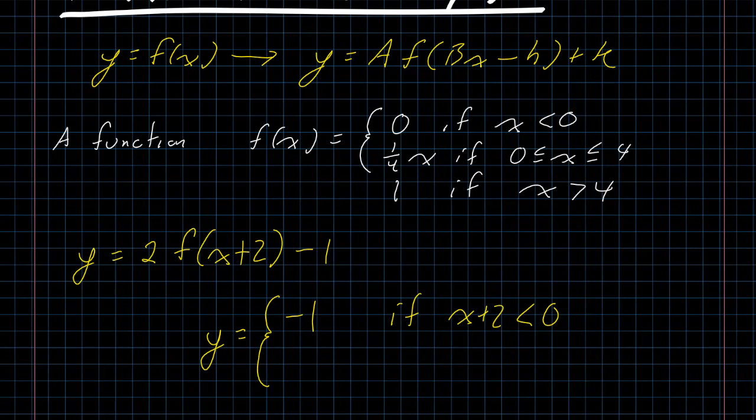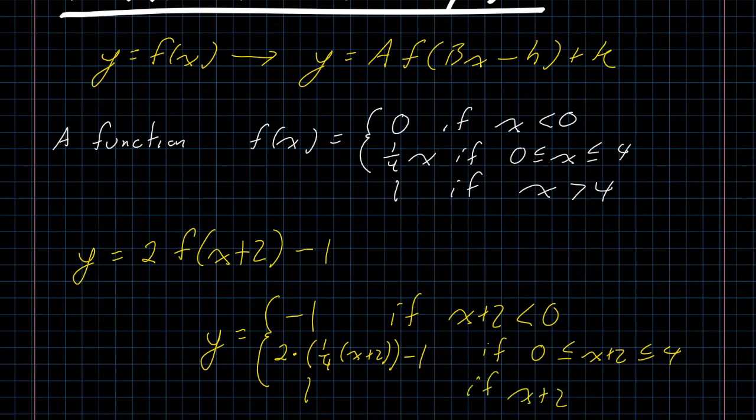We want to multiply that by 2. 2 times 1/4 of x plus 2 minus 1, if 0 is less than or equal to x plus 2 is less than or equal to 4. And then we have, well, 2 times 1 is 2, 2 minus 1 is 1 if x plus 2 is greater than 4.